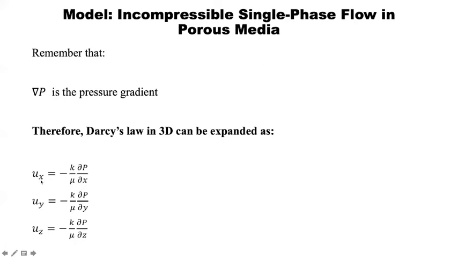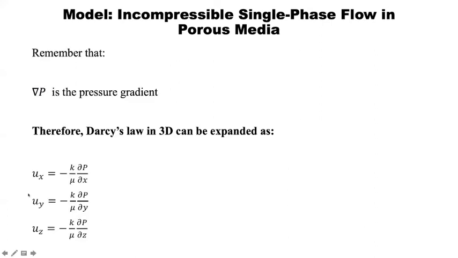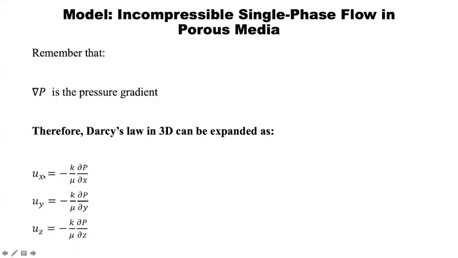So in the x direction, Ux, and you can notice the difference between this one, which is bold and represents a vector, but Ux here represents what? It represents a component, okay? And the small k here is just the value of permeability, and mu is the viscosity.